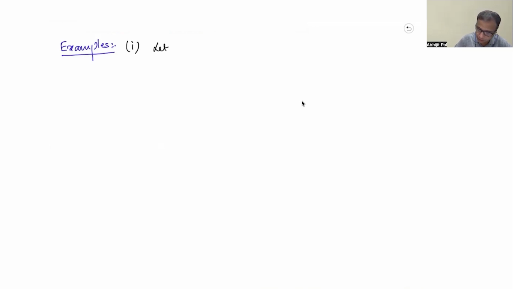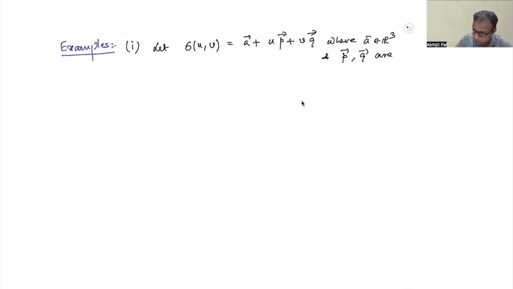So let sigma(u,v) be equal to the vector a plus u times the vector p plus v times the vector q, where this a is any vector in R3 and p, q are orthogonal unit vectors.